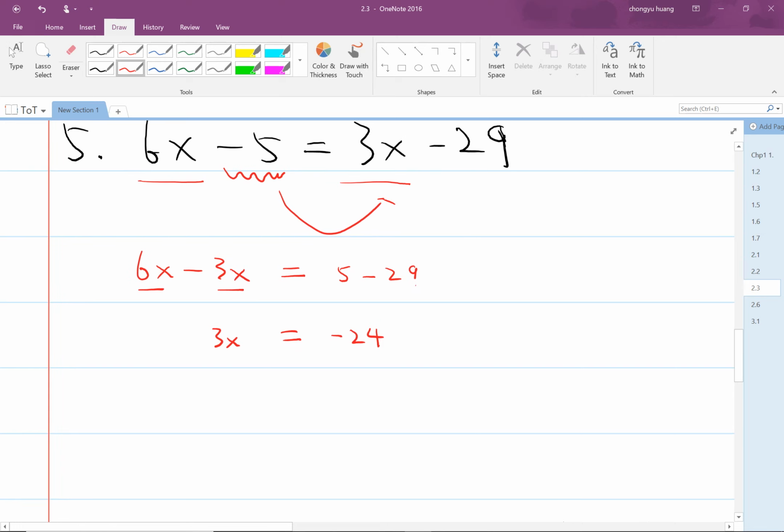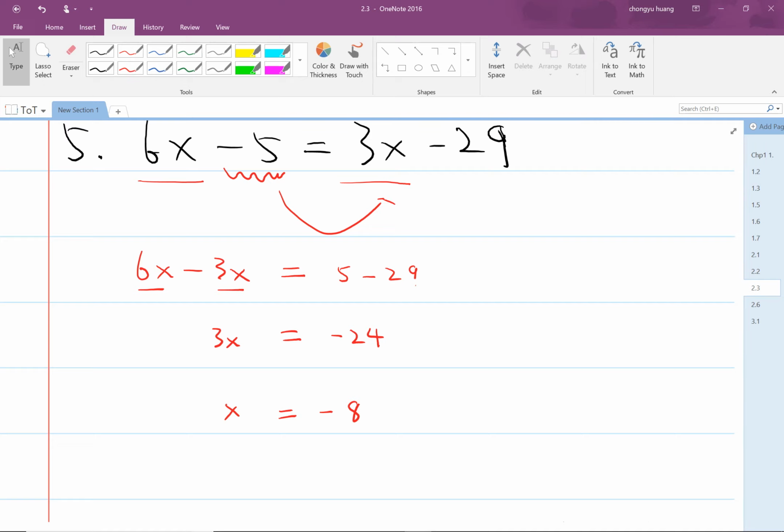And then we know negative 24 divided by 3 is negative 8, right? It's negative, and 24 divided by 3 is 8.